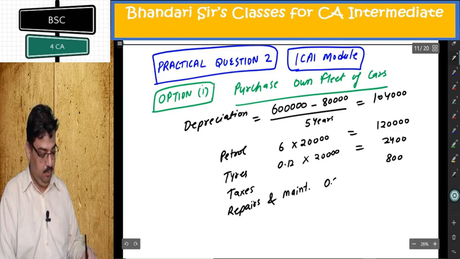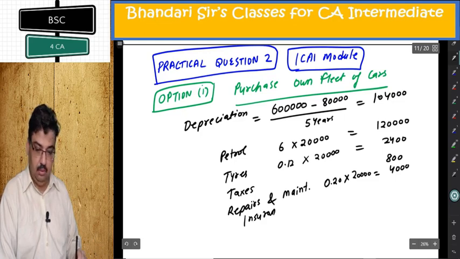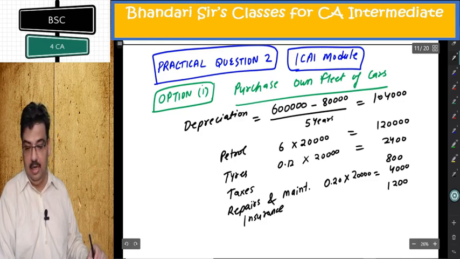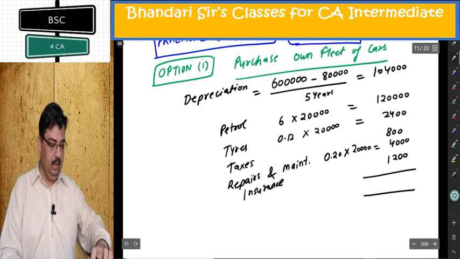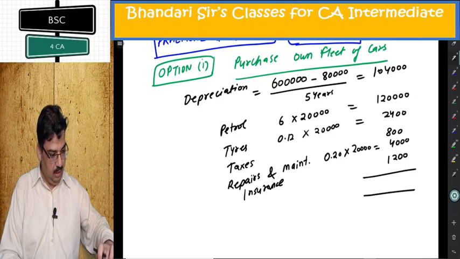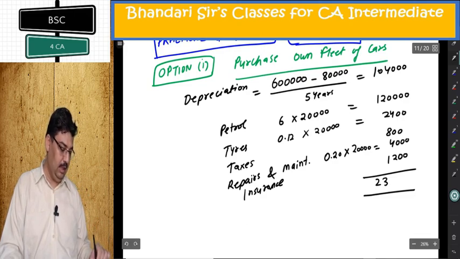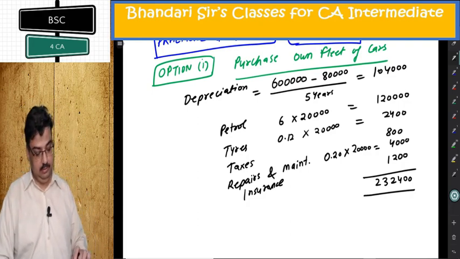Repairs and maintenance, 0.20 into 20,000, 4,000 here. Insurance, 1,200 per car per annum. I need that. There's no other cost. Life is given, I've already taken it into consideration while computing depreciation. 1,04,000, then 1,20,000, 2,400, 800, 4,000, 1,200. I'm getting 22,32,400. That is option 1, annual cost.